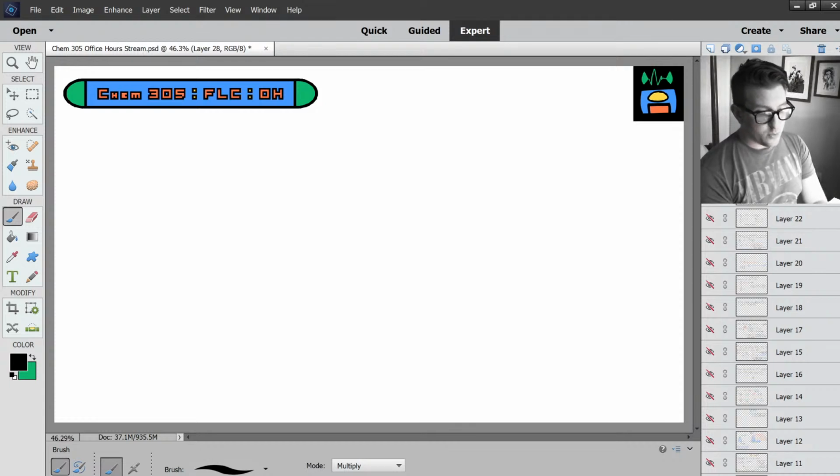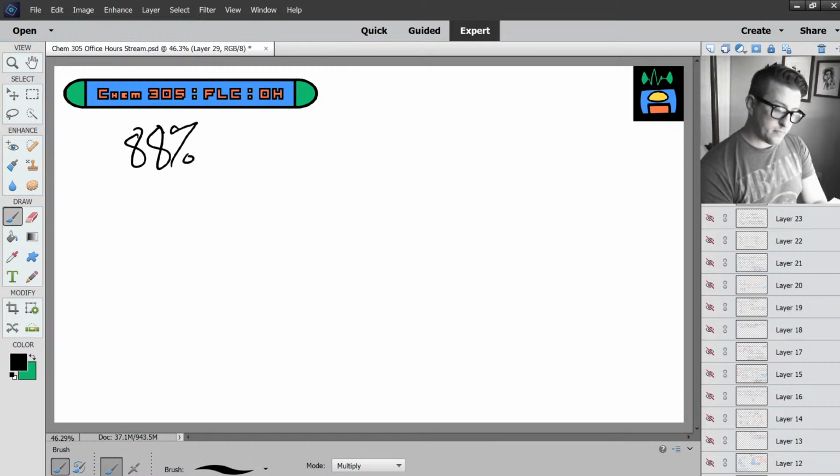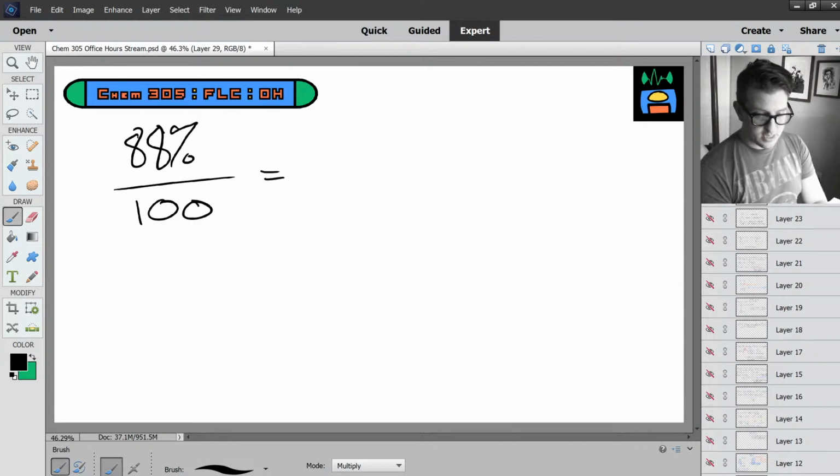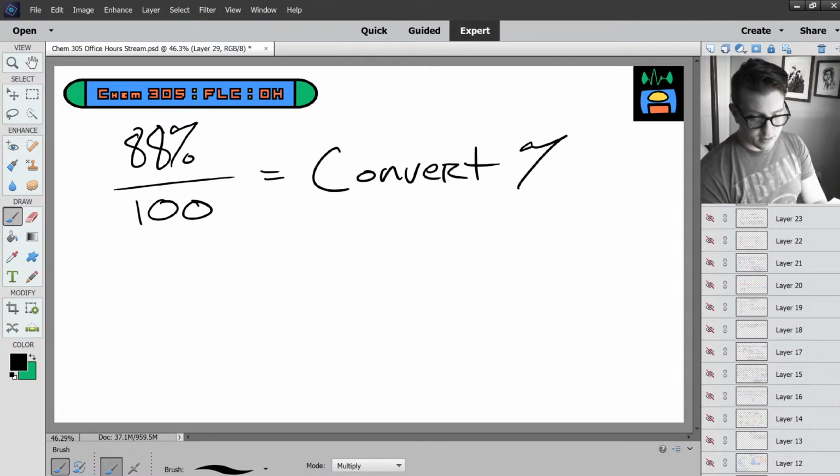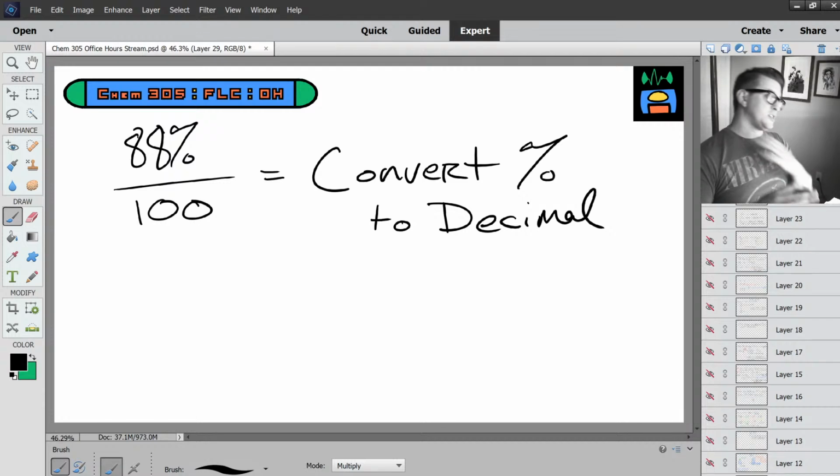So Carenza, whenever you have a percentage, like 88%, when you divide it by 100, this is just how you convert a percent to a decimal. You have to convert percentages to decimals before you multiply them by numbers. But here's the cool thing.